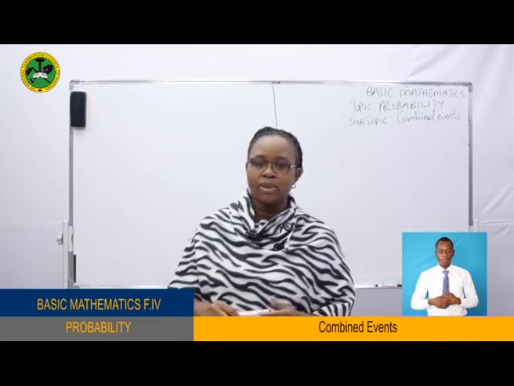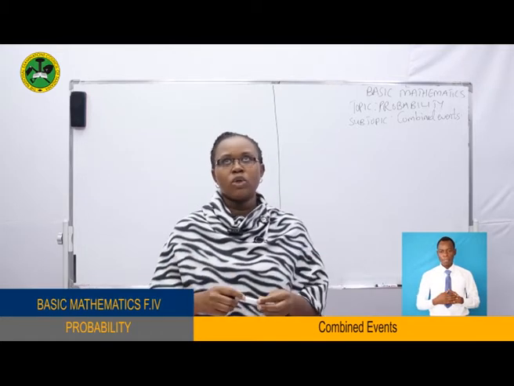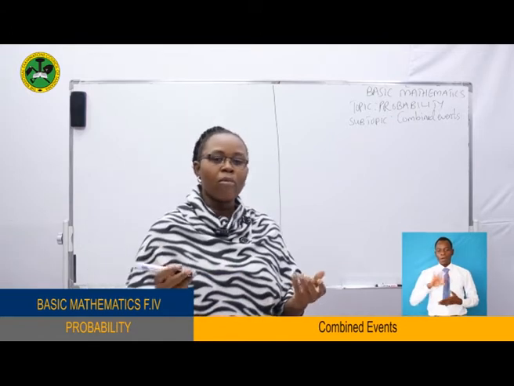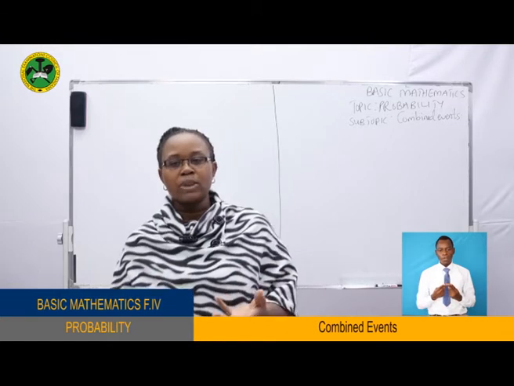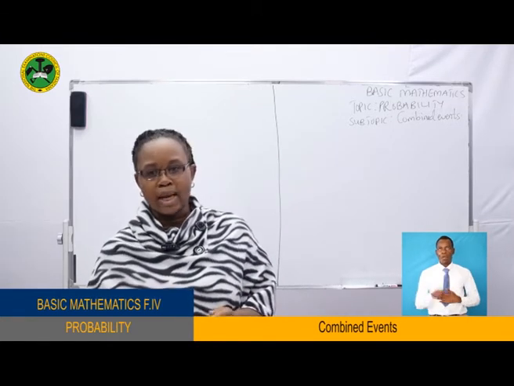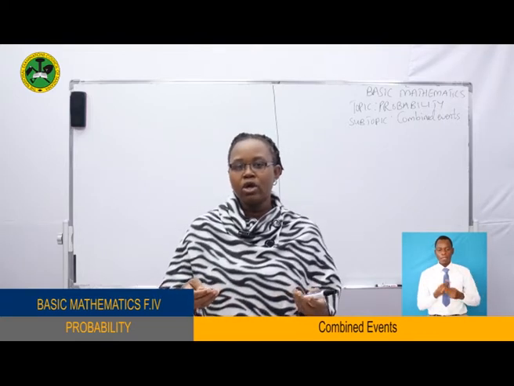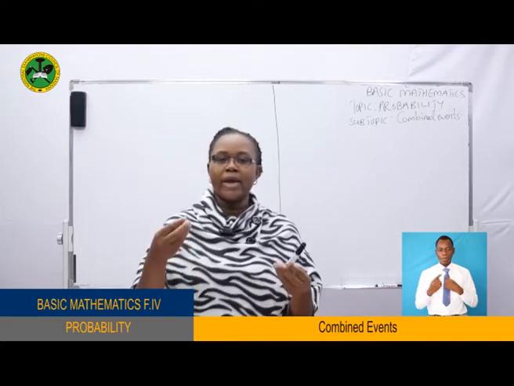My dear students, when we are saying combined event, what does it mean? It means the situation of tossing two things at a time. Maybe you may have a coin and at the same time a die.